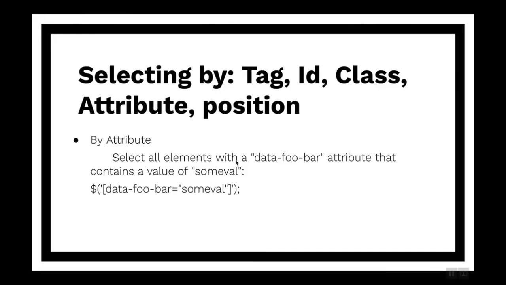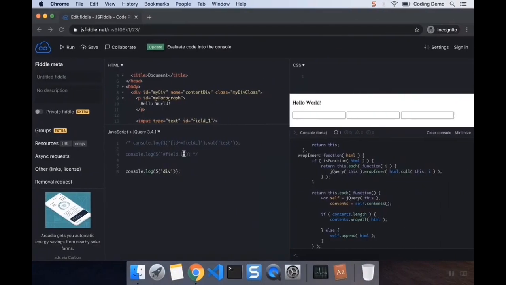Now, the attribute selector. We use this to select all elements with certain attributes that contain some value that we are looking for. So for example, let's say I wanted to get the element with the attribute of name and content div. What I would do is log this out.